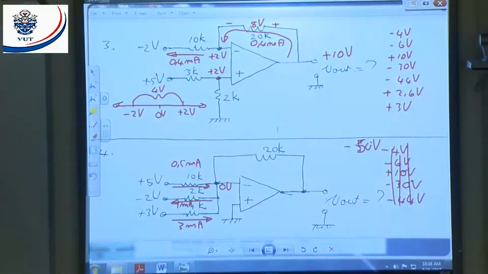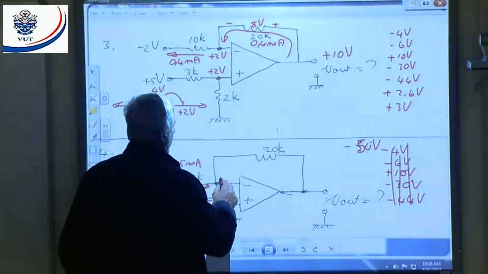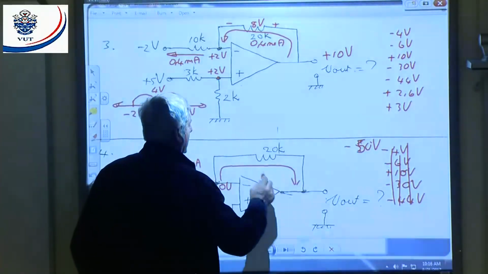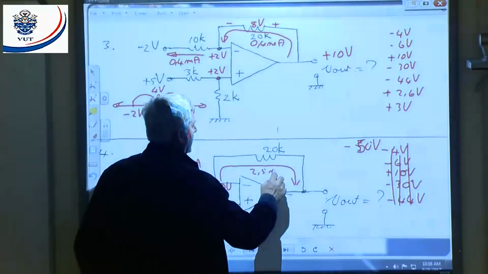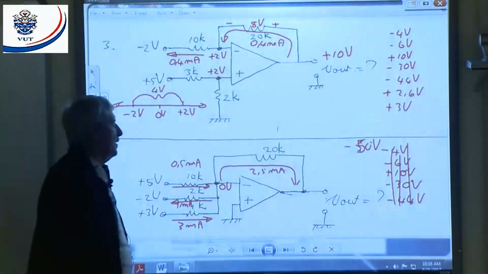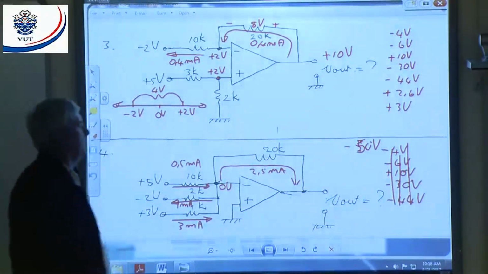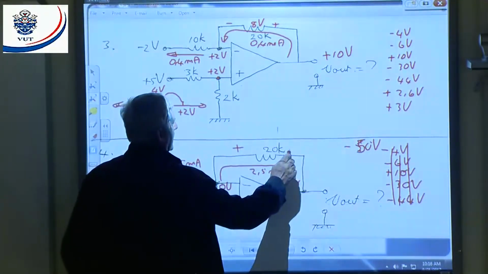That will give me a total current of 2.5 milliamps. Flowing in which direction? That current will flow in that direction. 2.5 milliamps times 20K, it will be positive here, it will be negative there.